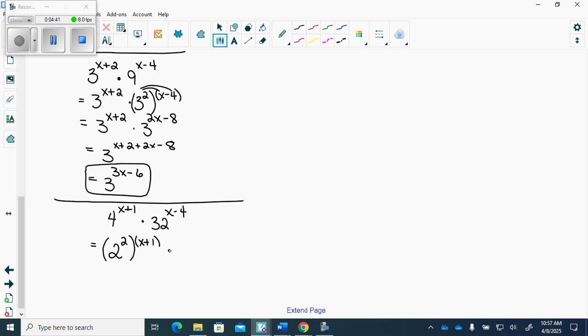2 to the something. 2 to the 2 is 4. 2 to the 3 is 8. 2 to the 4 is 16. 2 to the 5 is 32. Then we distribute both of them. So we're going to get 2 to the 2x plus 2 times 2 to the 5x minus 20.